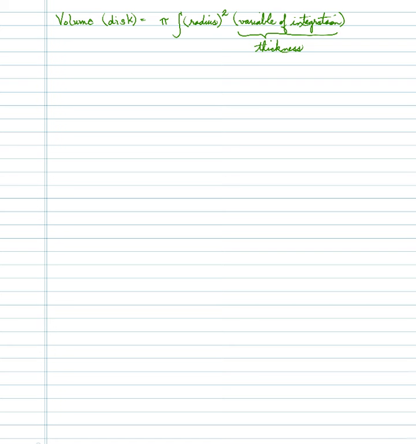We also have the shell method. For shell, we have volume equals 2 pi times the integral. I should have put bounds on this, so I'll put from a to b. I'm sorry about that. Here as well we have limits of integration from a to b.